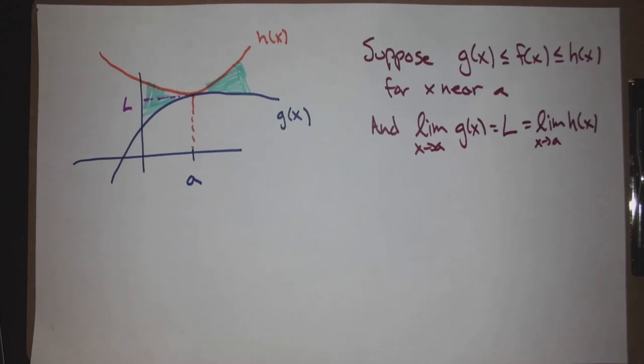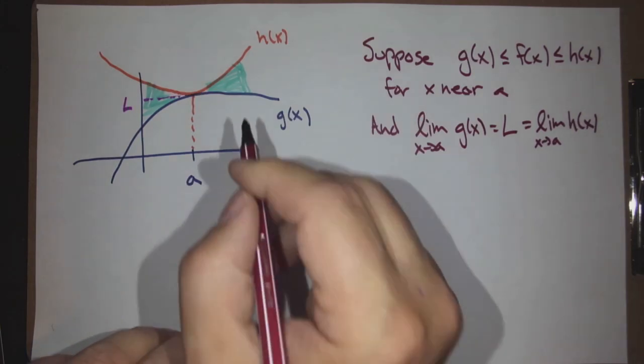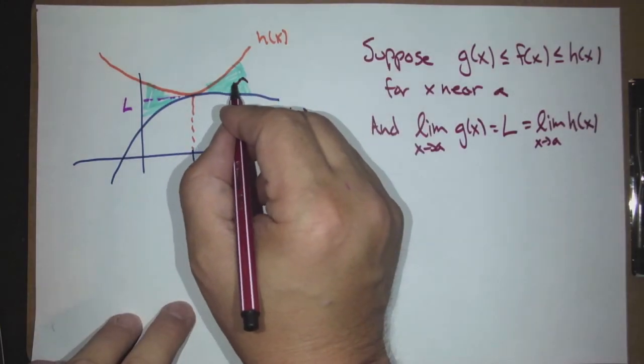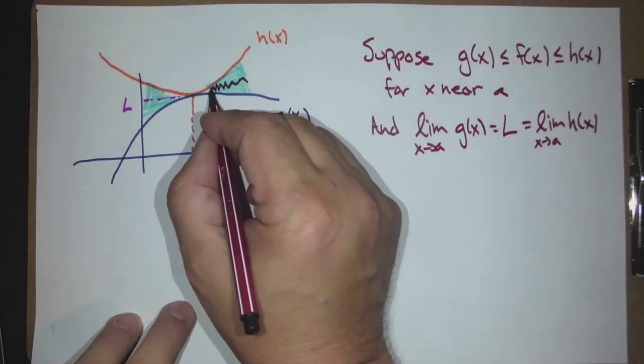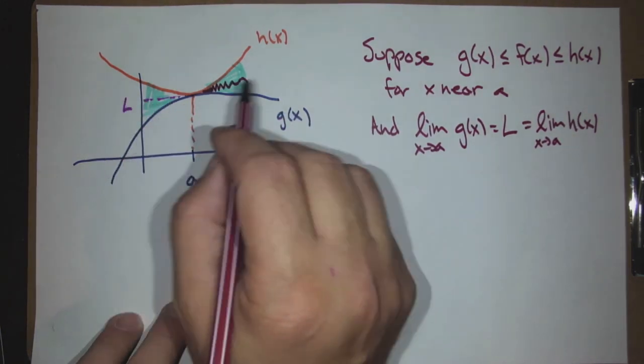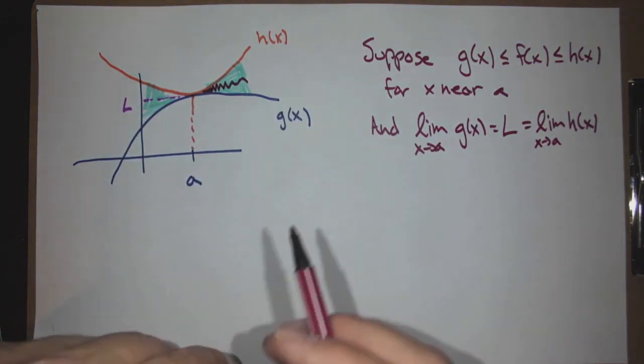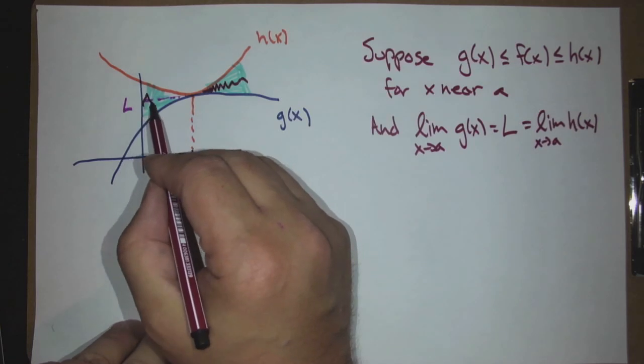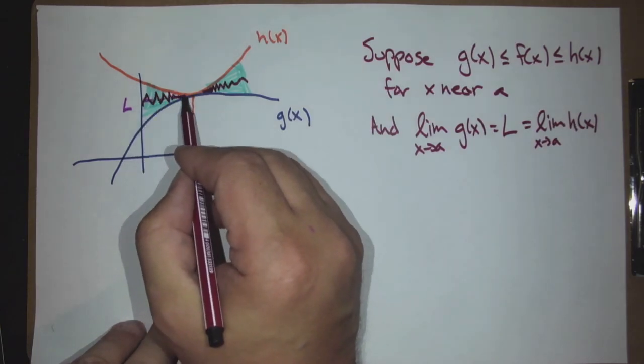So g is below f. h is above f. So f is in the middle. Now the question. If f is in the middle, what happens when we get close to a? What must be true? Just intuition. Go with instinct.